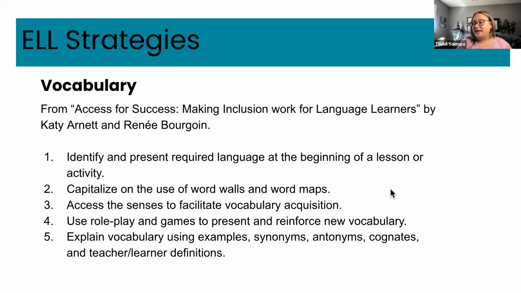So make sure that if you have a word wall, you're doing something with it. And if you have word maps, which are word clusters or groupings that have lines between them that show the connections between words, you might want to change them out with each unit that you do or each term that you have.